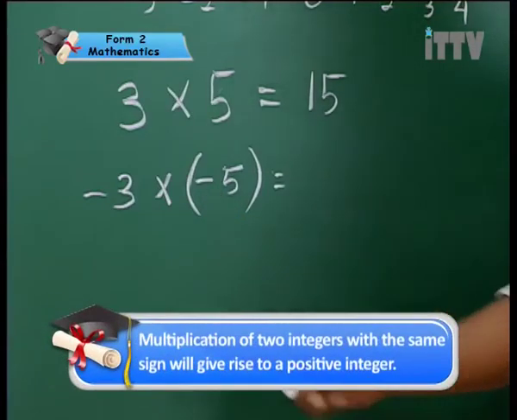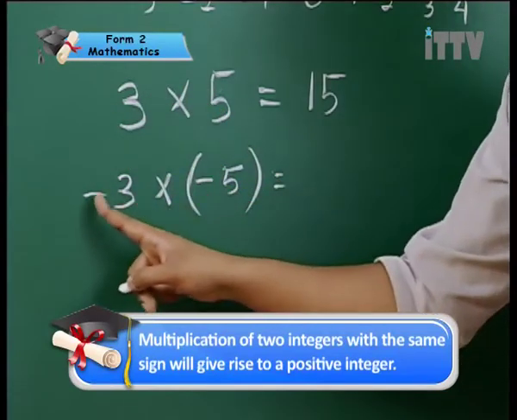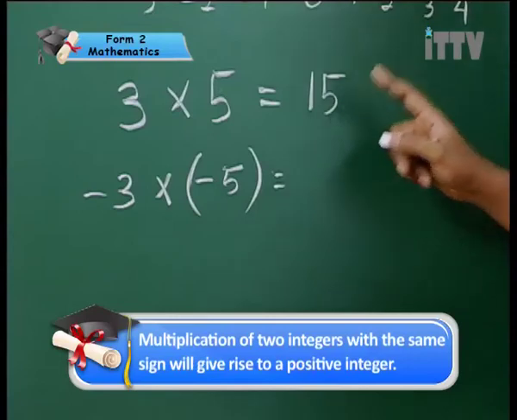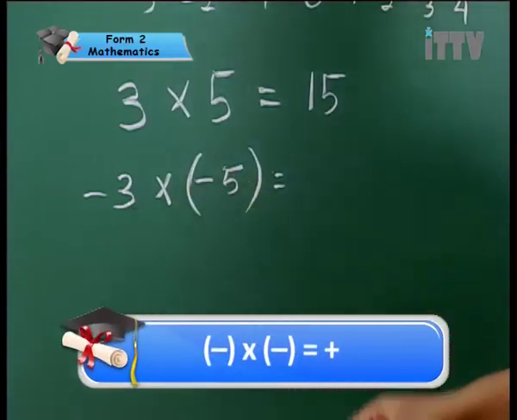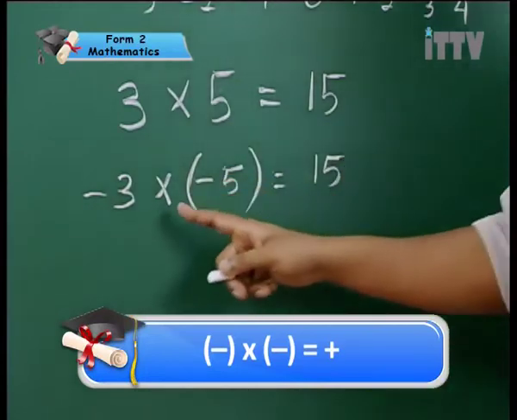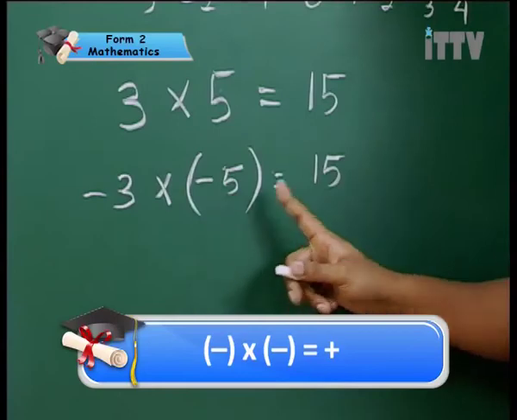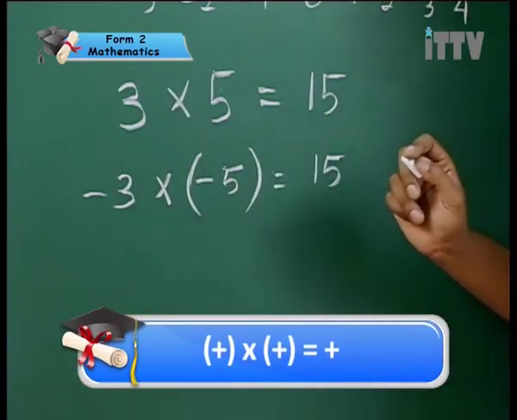Thus meaning, if the signs are the same, then your answer will always be a positive integer. 3 times 5 will give us again 15. Therefore, negative 3 times negative 5 is 15. 3 times 5 is also 15.